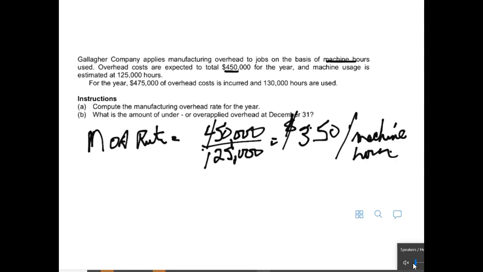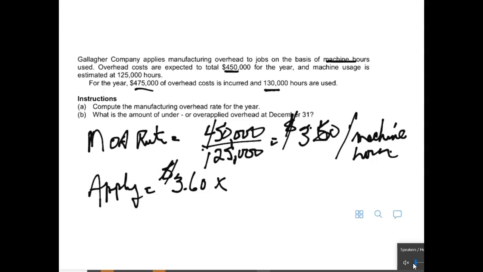What was the amount of under or overapplied overhead as of December? Well, I know that I incurred this. What did I apply? Well, I would have applied $3.60 times the number of actual hours, and the actual hours incurred was 130,000.